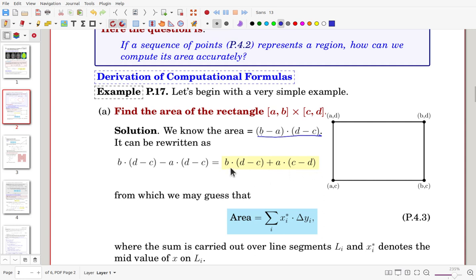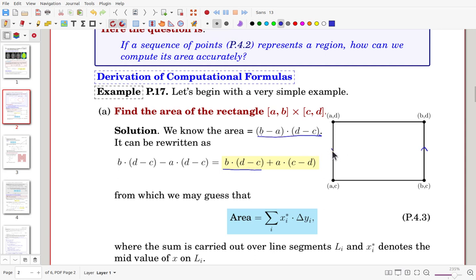Now this portion is for that side, and side by side we consider the quantity. The x value is b, and the change in y is positively oriented, so it is coming up. So the change in y is d minus c. That's exactly this one.